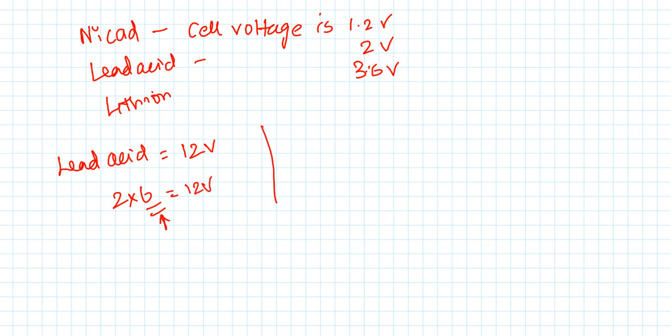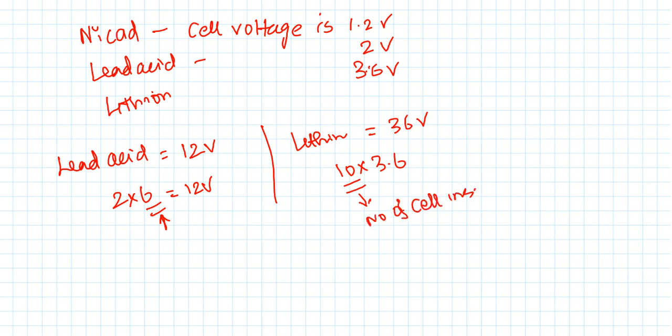If we say a lithium ion battery of 36 volt, it means 10 into 3.6. The 10 indicates the number of cells inside the battery. So based on the number of cells and the cell voltage, we can say the total voltage rating of the batteries.